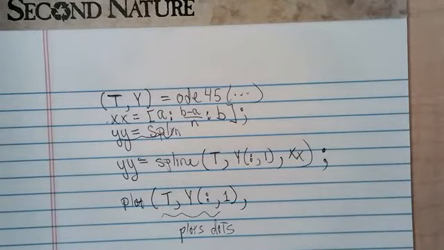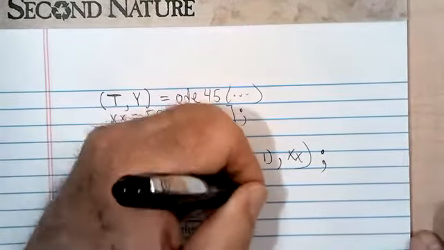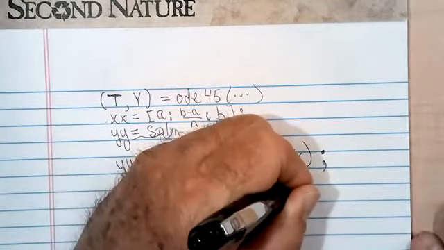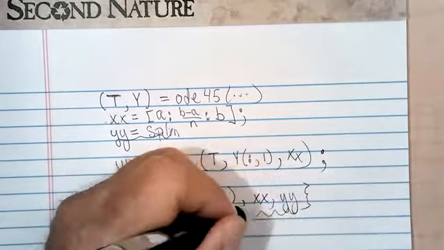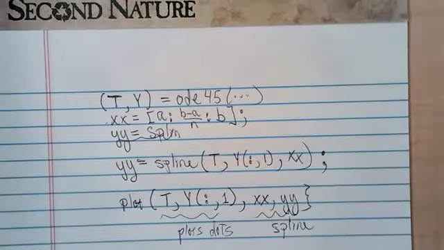You don't have to do the hold on and hold off stuff. You just do it all at once. And then you can say, okay, now plot XX and YY. This part will plot the spline curve. Now, if you don't want the dots, you just leave it out. If you do want the dots, you put it in. Does that make sense?